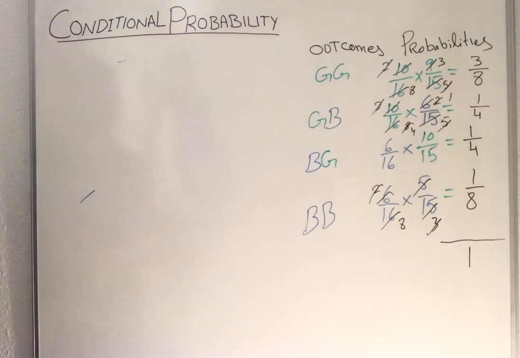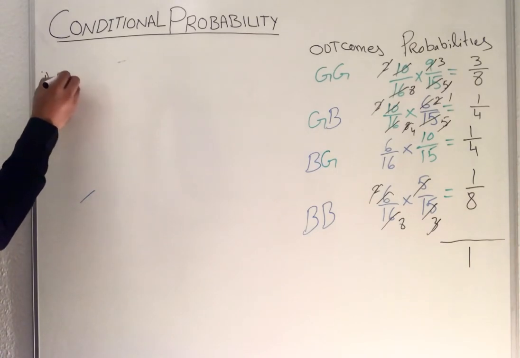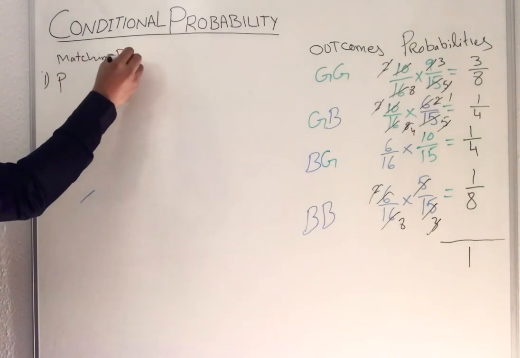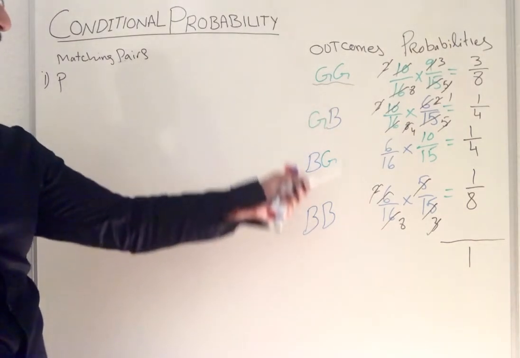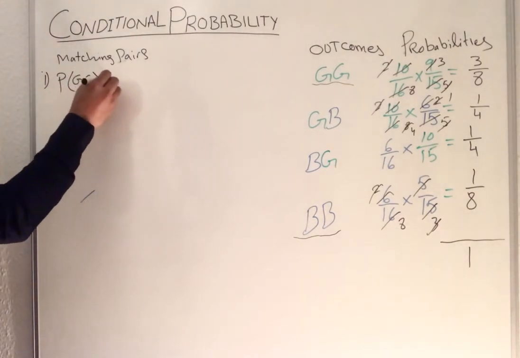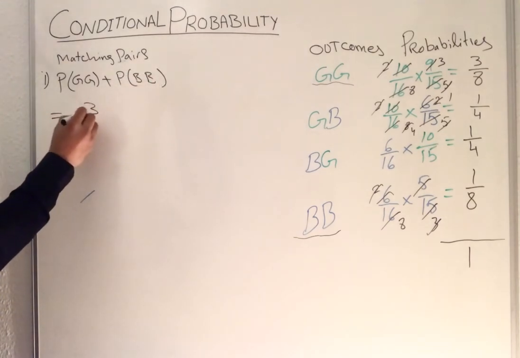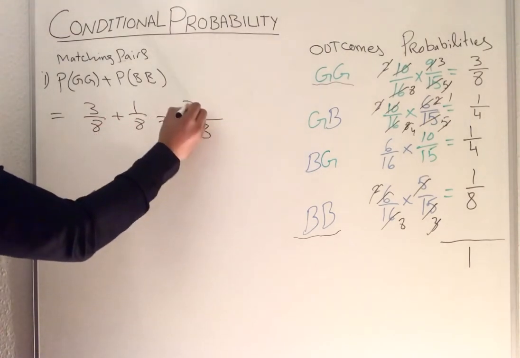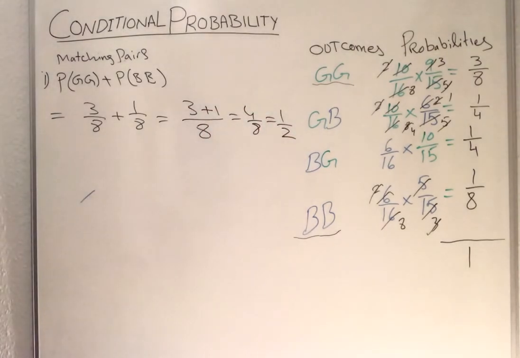The matching pairs is the first probability. Matching pairs are both green and both blue. So probability of green plus probability of blue. So we need to add these values. 3 over 8, add 1 over 8, which is 4 over 8, which is 1 over 2. This is the probability of that one.